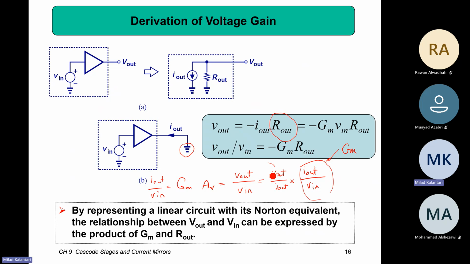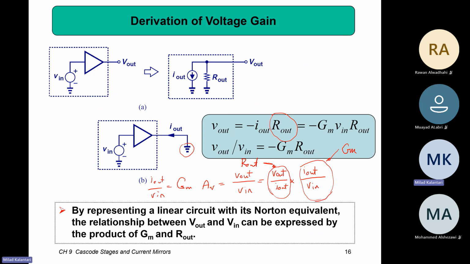And then this one is V out over I out. What is V out over I out? It is the output impedance, R out. And I out over V in was the GM we were talking about.